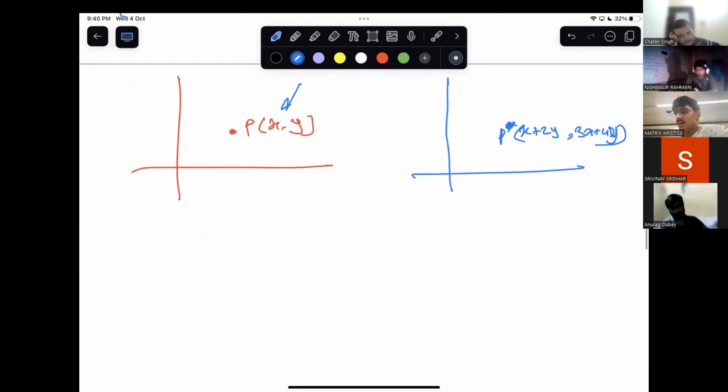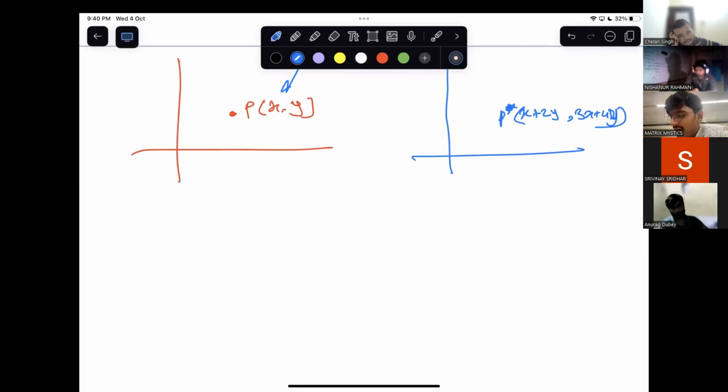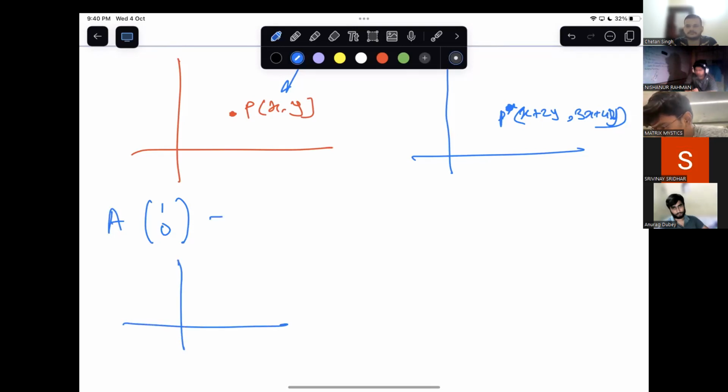So now we'll go back to representing this in vector form. When I multiply a vector with I cap, that is 1 0, A is a matrix, the same matrix we had here: 1 2, 3 4 times 1 0.